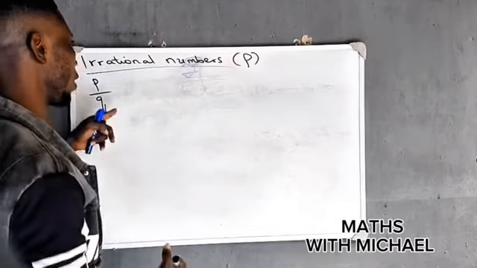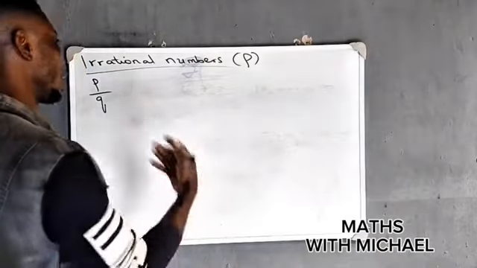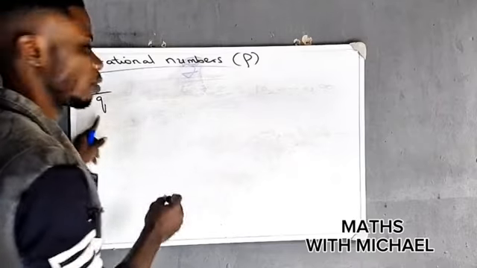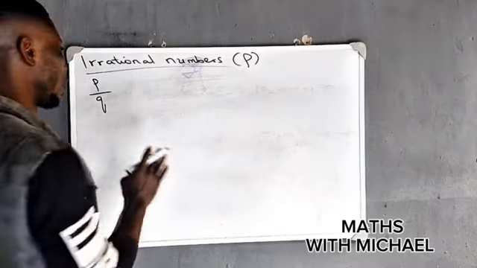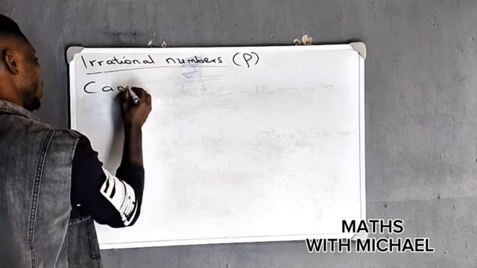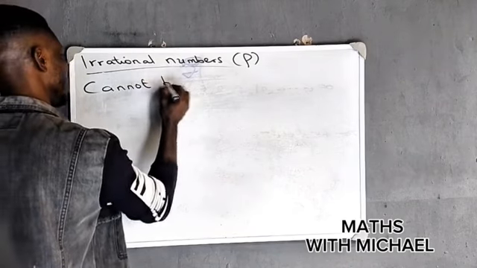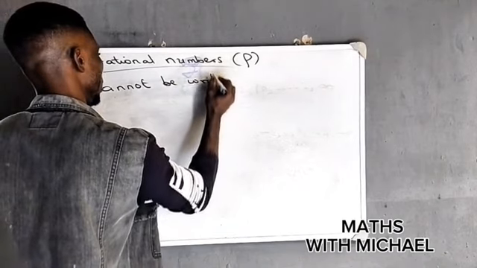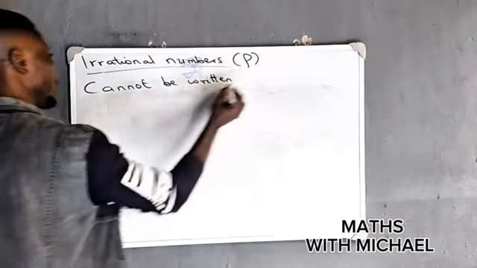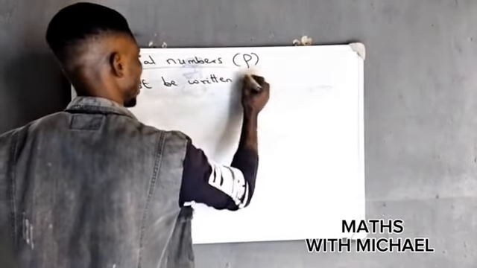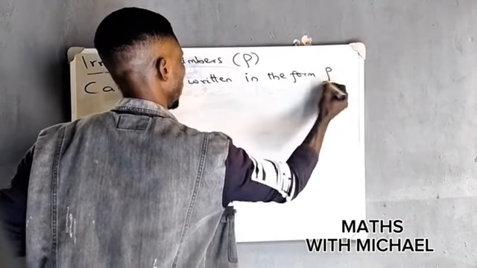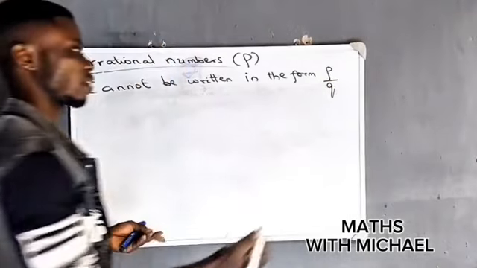rational numbers. Now, irrational numbers are defined as numbers that cannot be written in this form. Please take note: numbers that cannot be written in the form P over Q, that is a fraction.